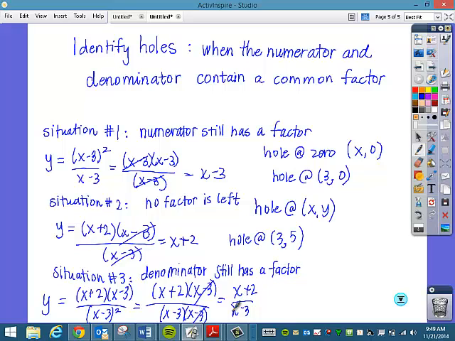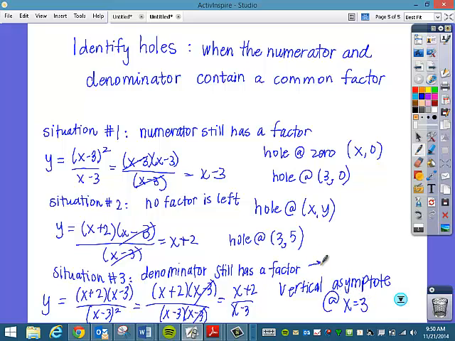So that common factor is left in your denominator. This is when you don't actually have a hole there, you have a vertical asymptote at x equals 3.